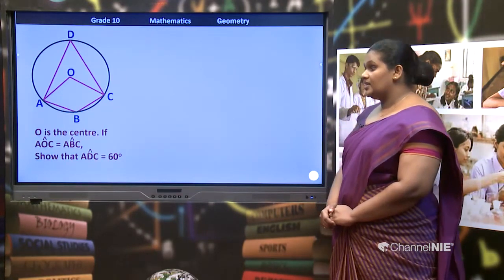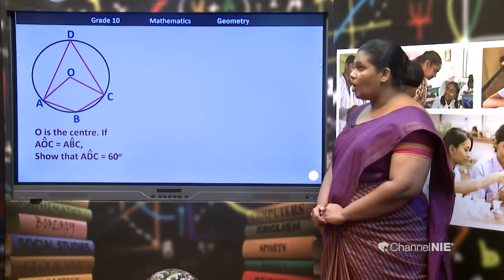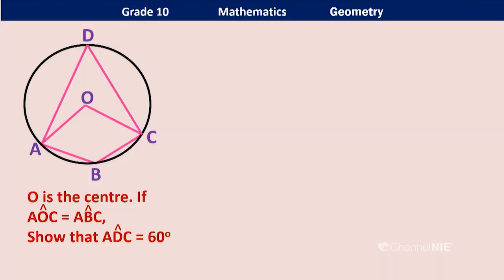Right. They say that angle AOC is equal to angle ABC. Right. If I am going to use a letter for angle AOC, I have to use the same letter for angle ABC.